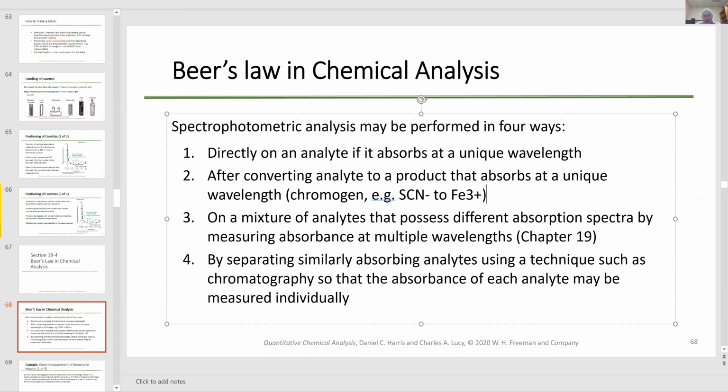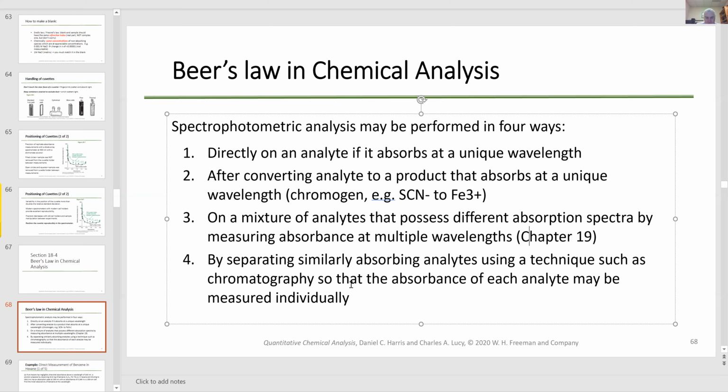Okay. So if you have a mixture of analytes, and they have overlapping but distinct spectra, then if you measure at multiple wavelengths, you can sort out how much of each is in there. This is something we'll deal with in the next chapter.